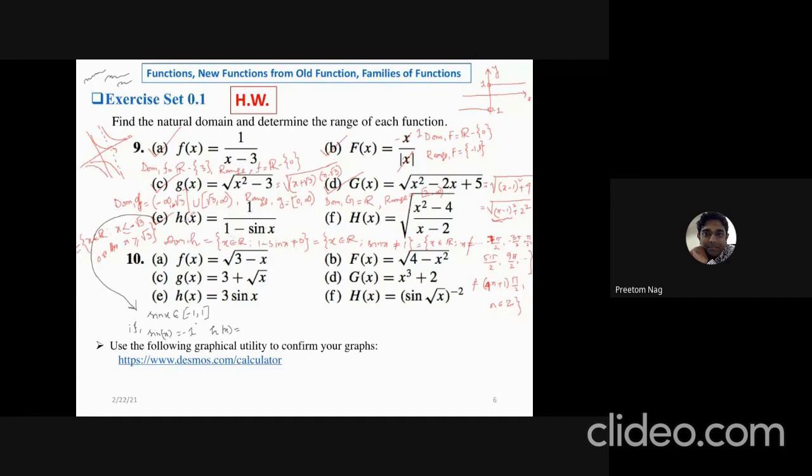Now hx will be maximum if 1 minus sin x is minimum, right? Or 1 minus sin x will be minimum if sin x is maximum, right? Now আমরা এখানে sin x minimum টা consider করছি, আর hx will be minimum if 1 minus sin x will be maximum, right?